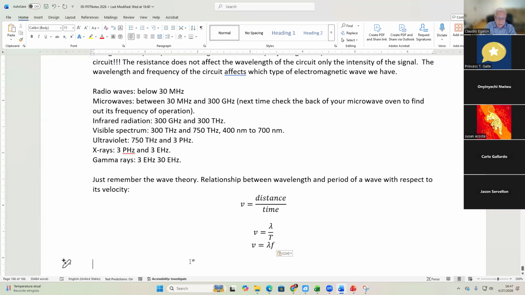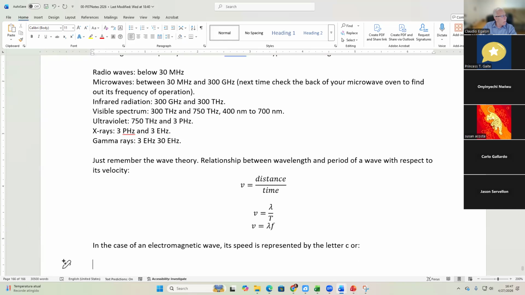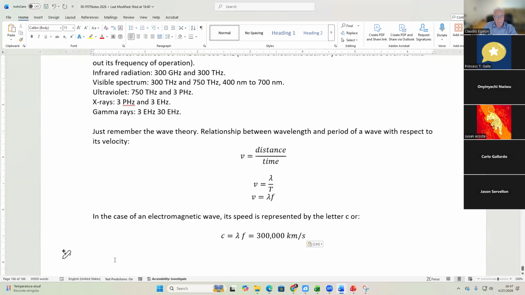In the case of an electromagnetic wave, its speed is represented by the letter c, 300,000 kilometers per second.